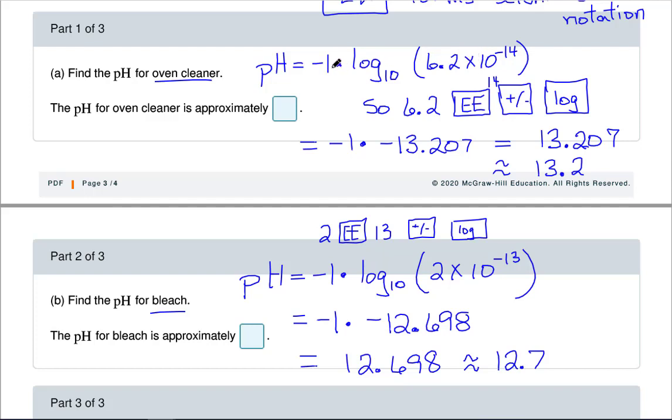Don't worry about the minus 1. The minus 1 is for a later part. So what we need is 6.2, the number, EE, to put it in the mode. We enter the exponent of 14 and then change the sign on the number.